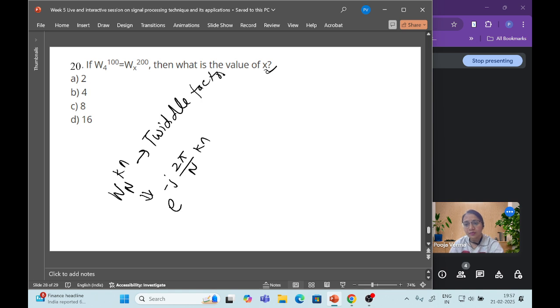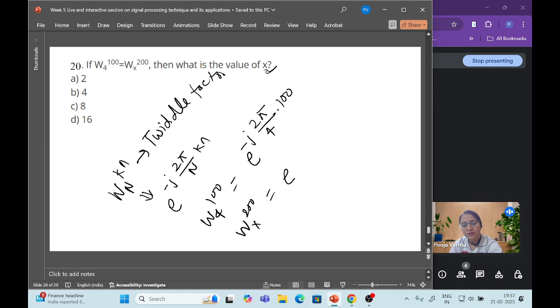If we write W of 4, 100 in this form, it is e to the power minus j 2 pi by 4, into 100. Similarly, if we write W of x, 200 in this form, you will get e to the power minus j 2 pi by x, because we don't know the value of N, into 200, right?